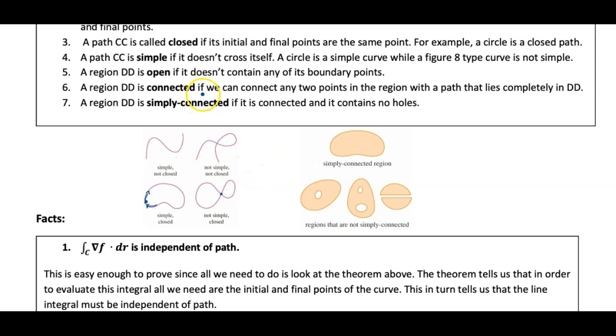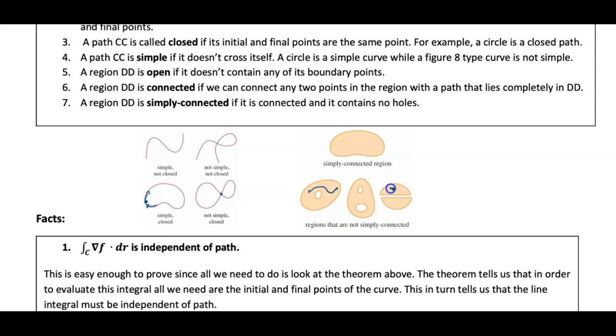It's connected if we can connect any two points in a region with a path that lies completely in D. If we look at all of these examples on the right-hand side, at least these two are certainly connected, because if I draw a point here and a point here, I can connect them with a path that lies within this region.